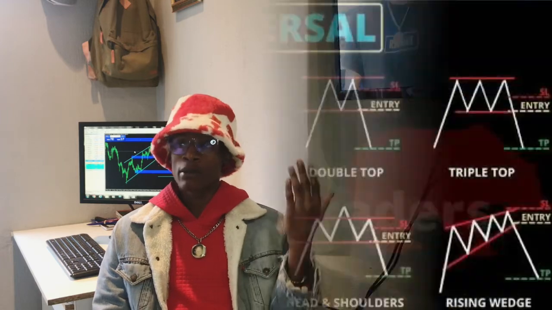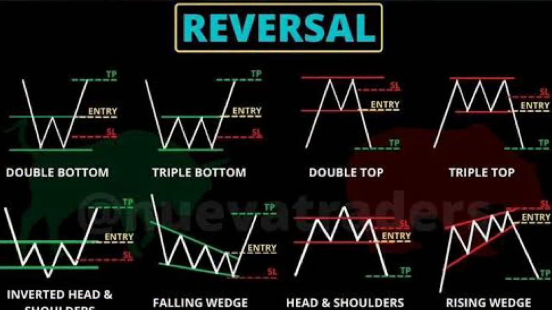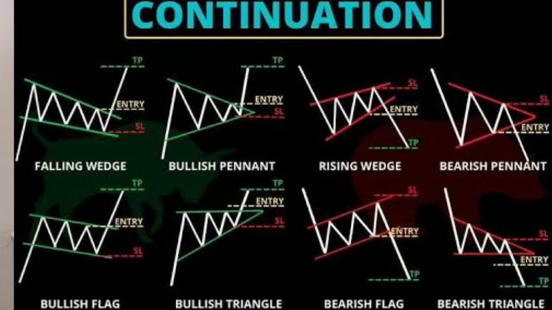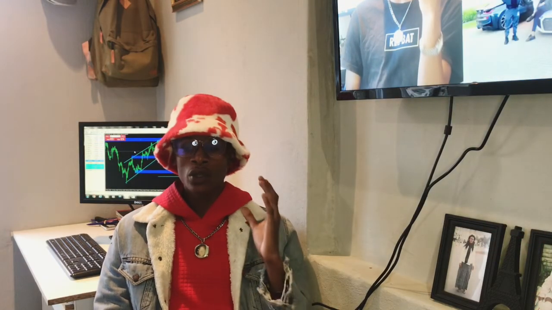Right now I'm going to show you a platform, like a template with all these patterns, as you guys can see. Yeah, so you can actually look at these charts and go search them out for yourself. Just look at the charts. The price action is actually gonna show you what's happening, so that you can paint these patterns and whatnot to make your trading decisions.